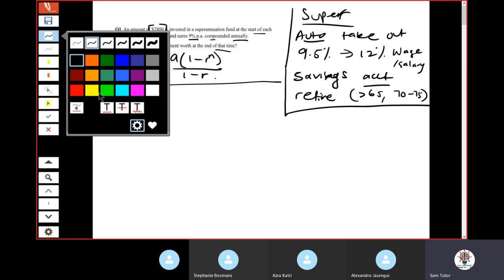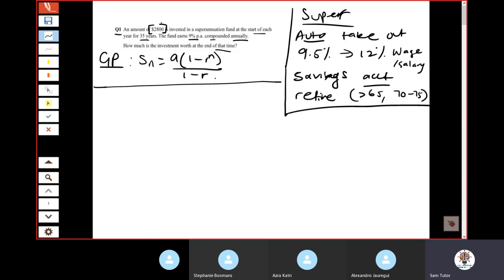All right, so $2,800 is invested every year for 35 years, and it's at 9%. A1, my first year. My first year I would have put in 2,800. That would have grown by 9%.